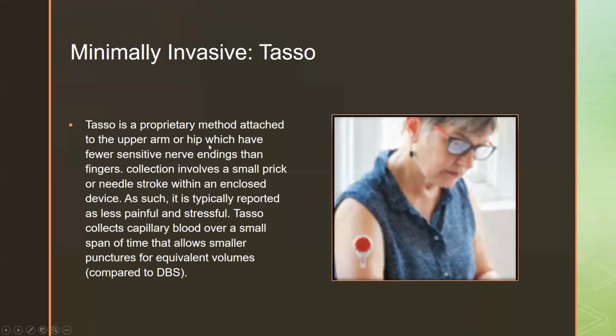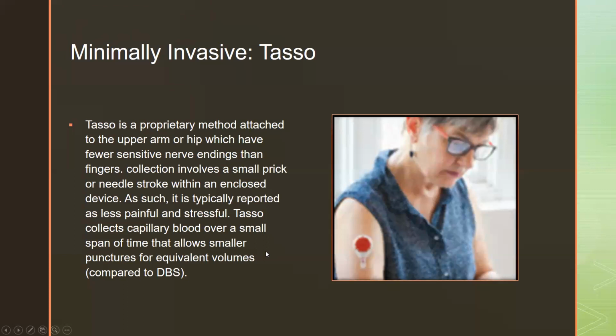Okay, so the next minimally invasive thing that we're going to talk about is TAZO, which I like to just call a fancier version of DBS that gets you a bit more blood. TAZO is a proprietary method that is usually attached to the upper arm or hip.